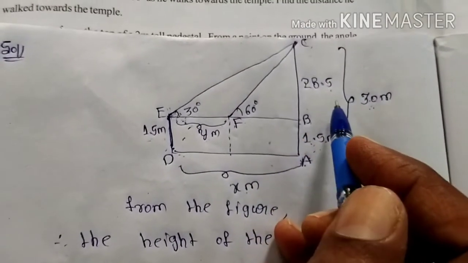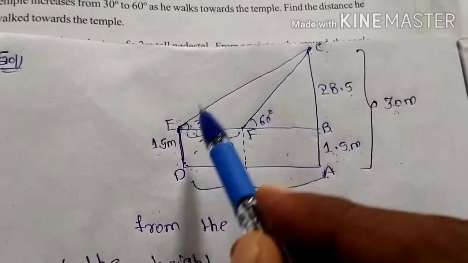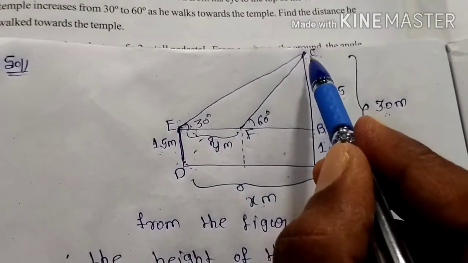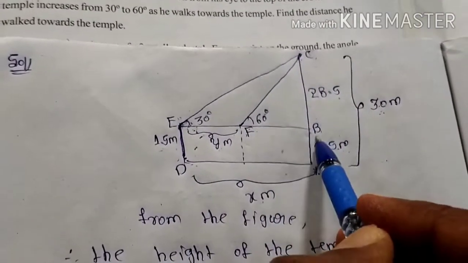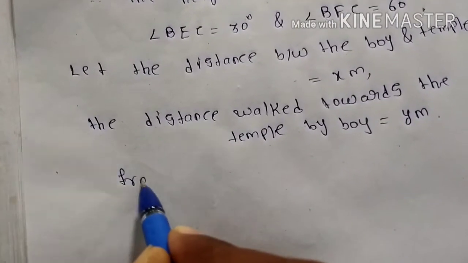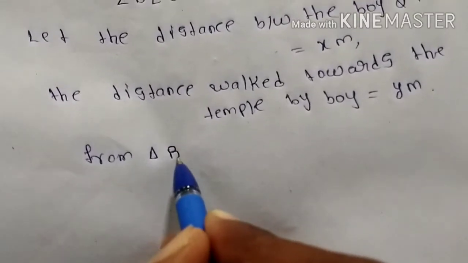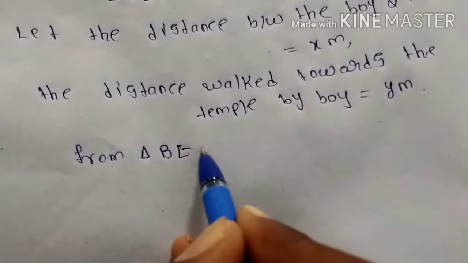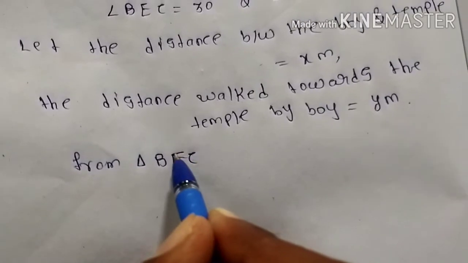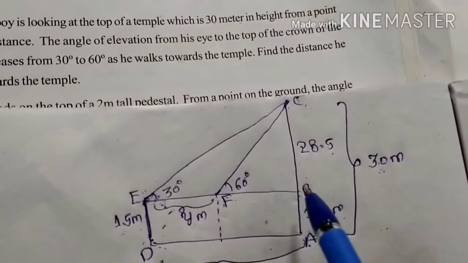Now you can consider two triangles. One triangle is CEB, and one more is CFB. I am taking from the triangle BEC.